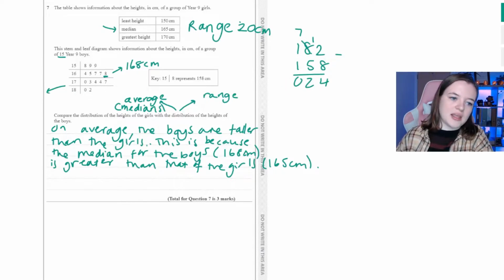We can kind of see that the boys' data is a bit more spread out than the girls', right? The difference between the highest and lowest is a bit larger. So we've got 24 centimeters here.